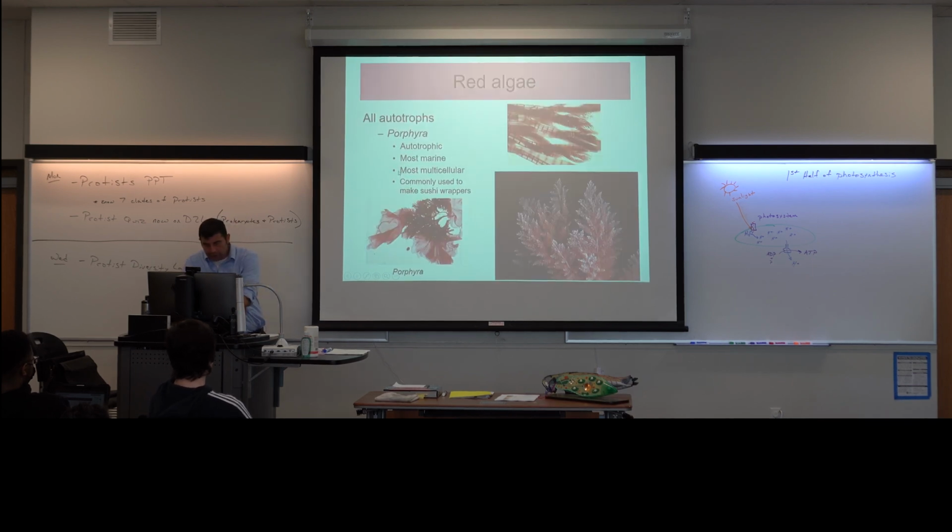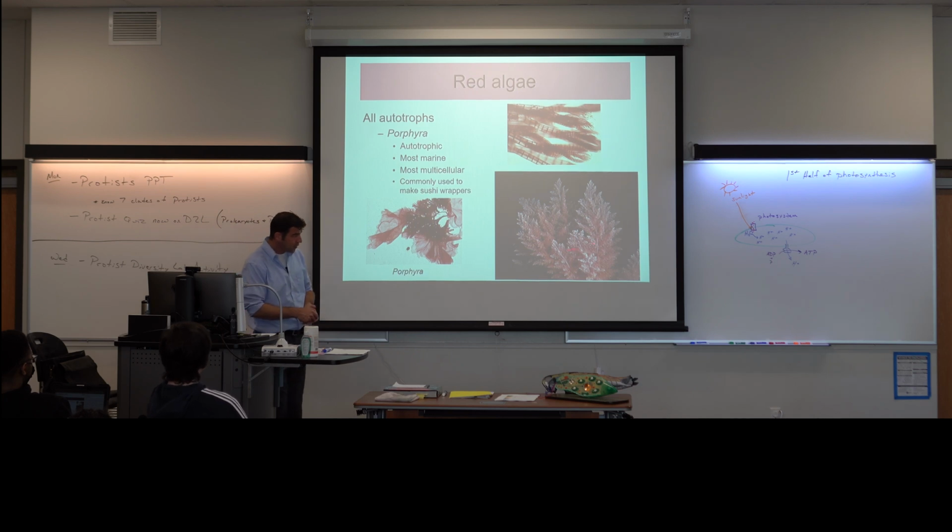What else? There are, I think, just two more clades. We have red algae and green algae. And if you're keeping notes so far on multicellular protist, I believe brown algae was our first multicellular protist, and now red algae is our second multicellular protist. You can see this.